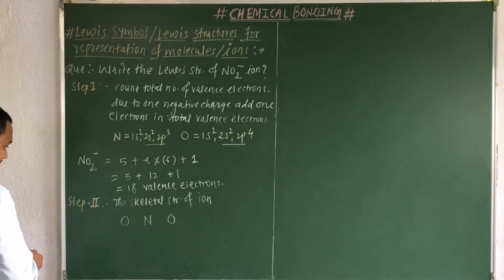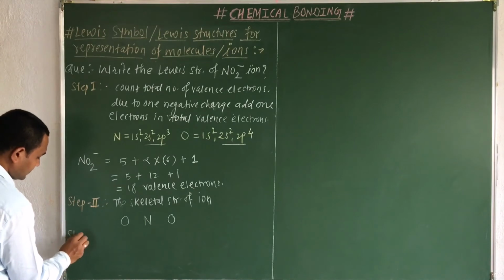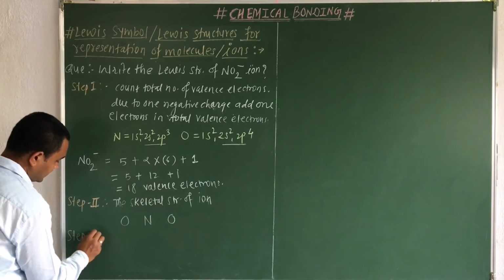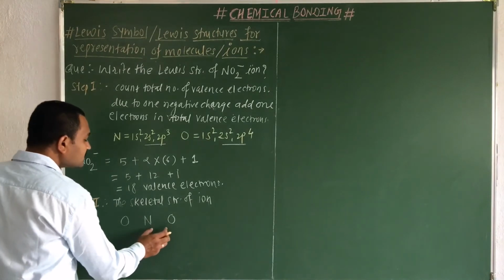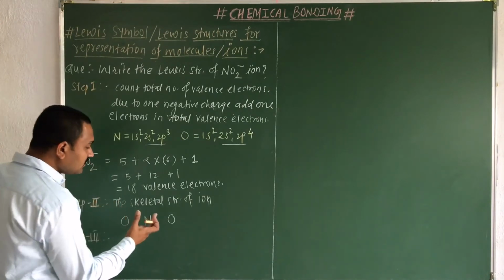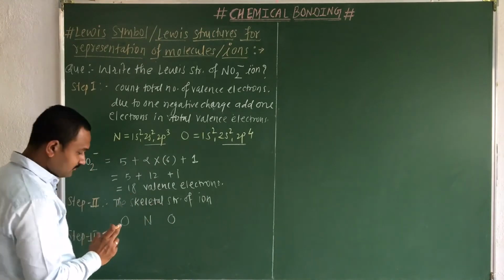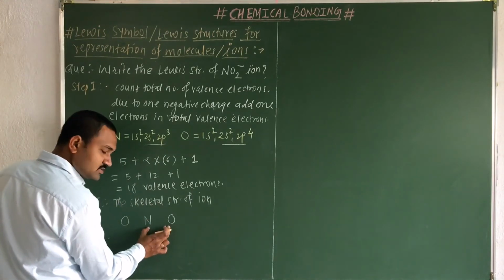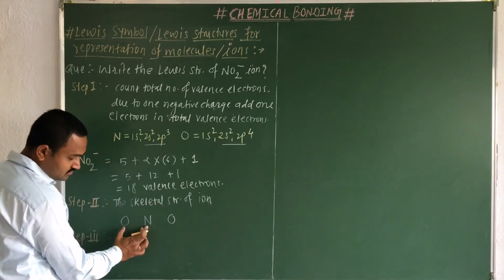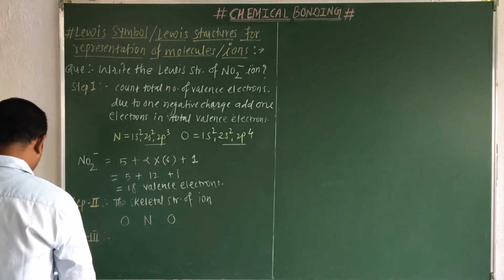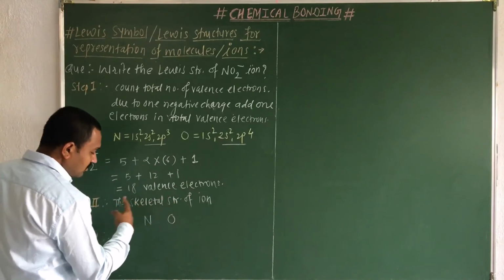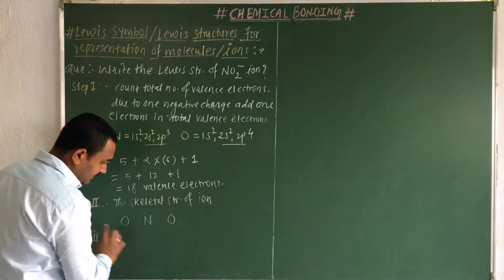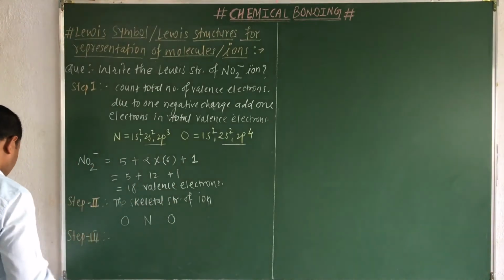Then next, let us go to step number third. In the third step we have to show the single bond between the two atoms, between the nitrogen and one oxygen atom and between the nitrogen and the other oxygen atom, and we will put all the valence electrons on these three atoms. So let us consider that step.